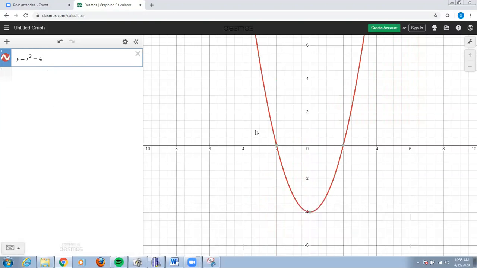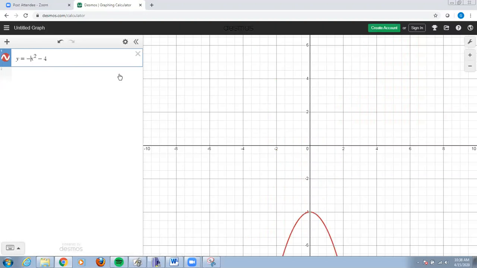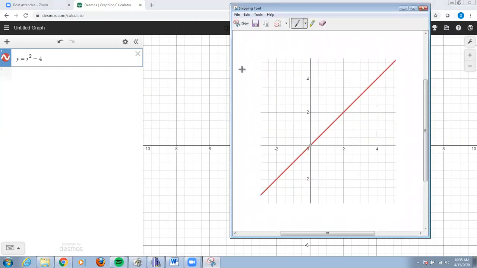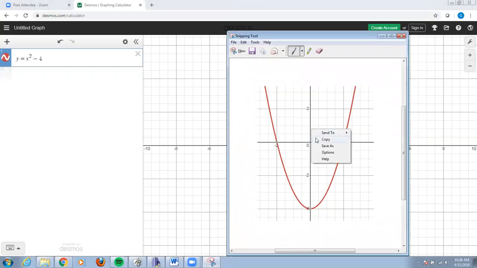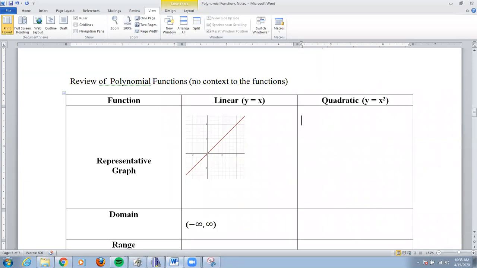All right, so here, again, as a review, remember for quadratics, when that value in front of the x squared is positive, the parabola opens up. If it was negative, it opens down. So for our example, we'll make it positive, and we'll snip that. Okay, copy that and paste it into our Desmos.